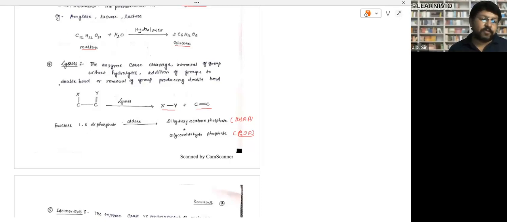So that is the function of lyases. Here water is not involved. This example reaction is a reaction of glycolysis. We will study this reaction in our chapter on respiration, right? Fructose 1,6-bisphosphate, in the presence of aldolase, breaks down into DHAP and G3P. Go through it and tell me the lyase.